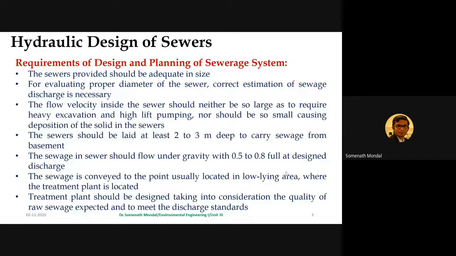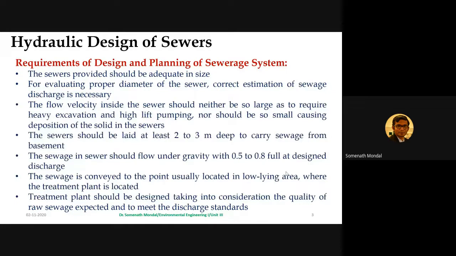Now if the quality is not that good, that means you need to put more effort into treating that particular sewage, and you have to bring all the potential contaminants present in it within the limits prescribed by the authority or by the government, or by the codal provisions which are approved by the government.